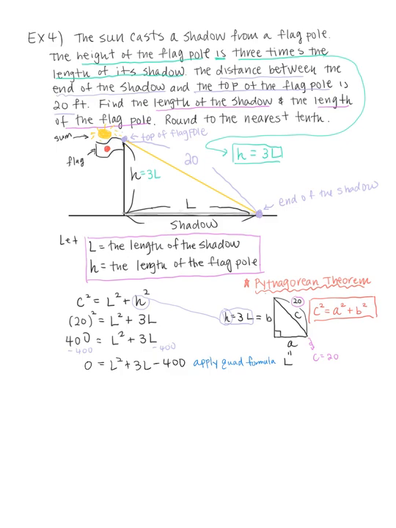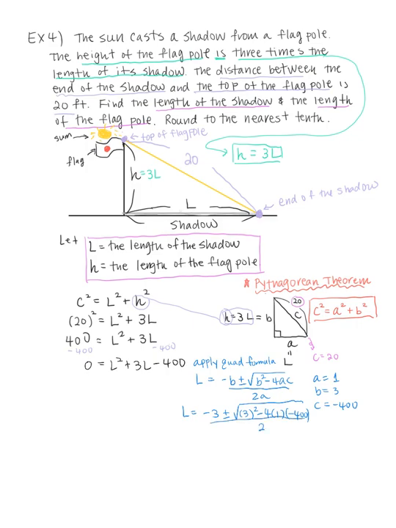L equals minus b plus or minus the square root of b squared minus 4ac, whole thing divided by 2a. In this case, our a is 1, b is 3, and c is negative 400. Now plug and chug. So we got L equals minus 3, plus or minus the square root of 3 squared minus 4 times a times c, whole thing divided by 2a.